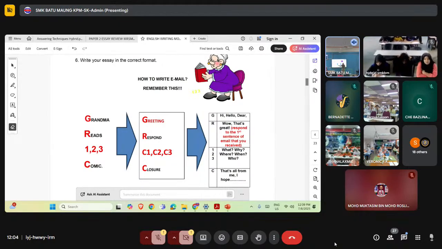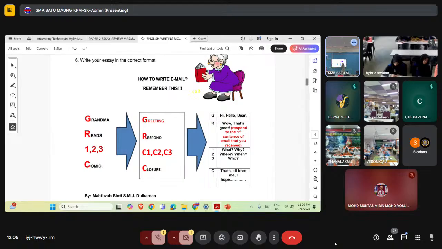And comic, C, is for closure. Give me an example of closure. That's all for now. That's all from me. Okay, I hope you enjoy reading my suggestion. Okay, bye. Don't forget bye.